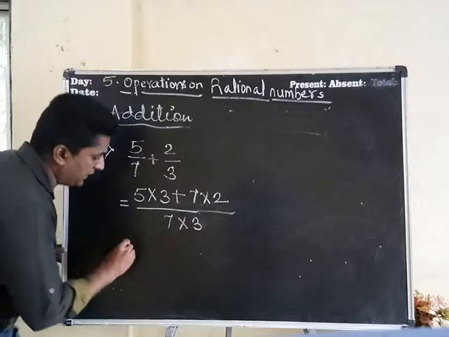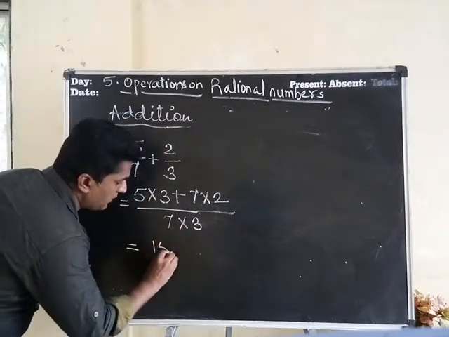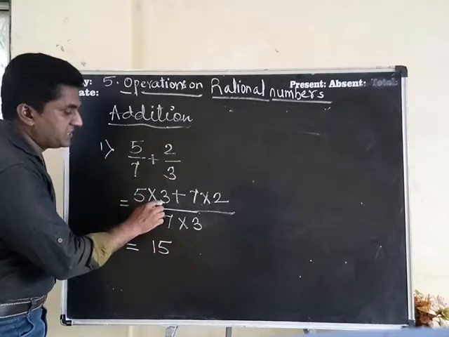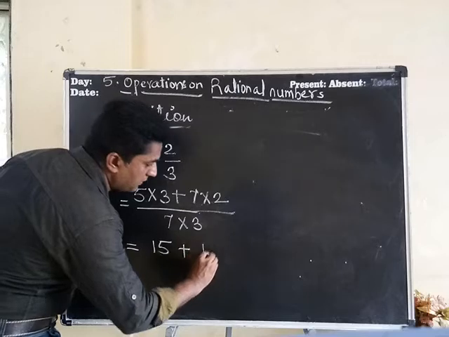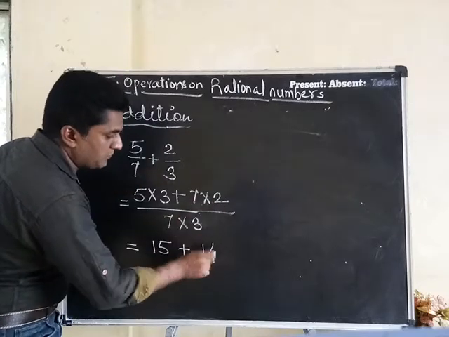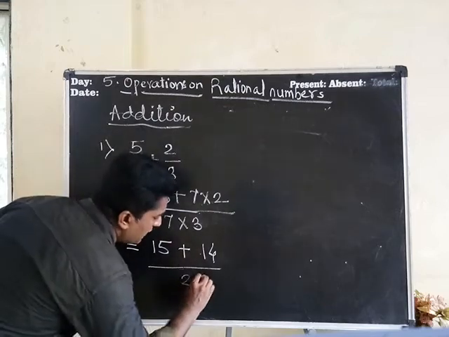5 3s are 15, plus 7 2s are 14, upon 7 3s are 21.